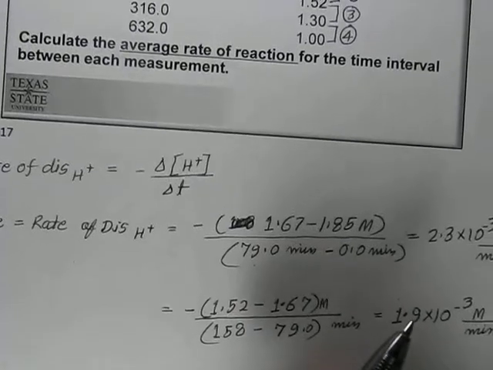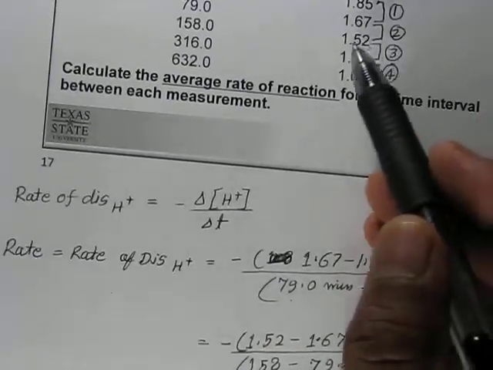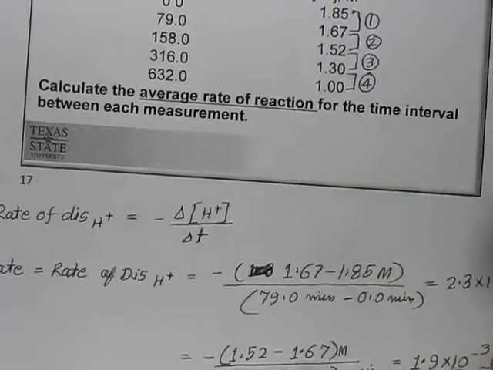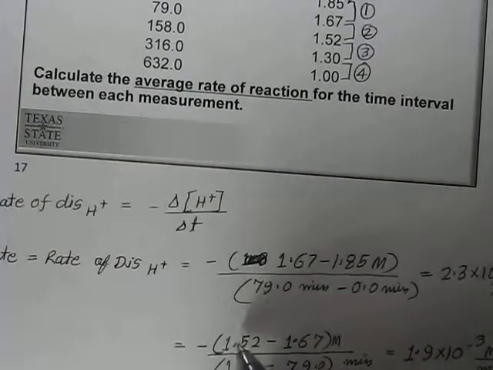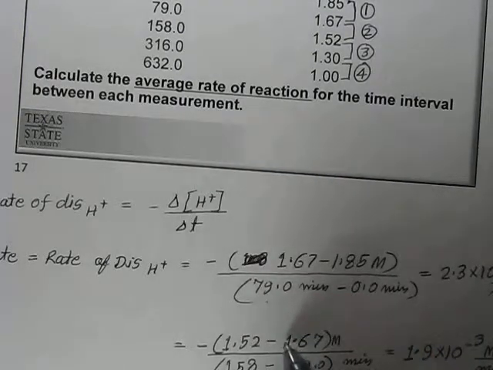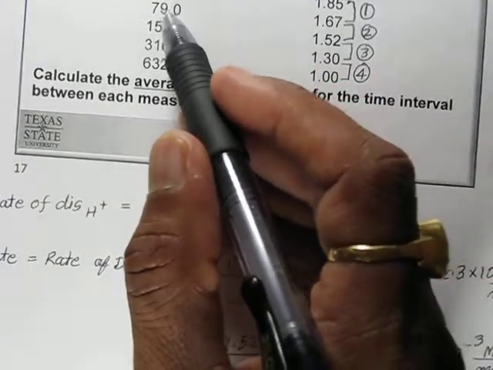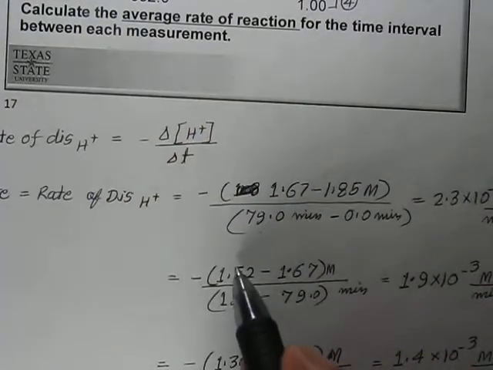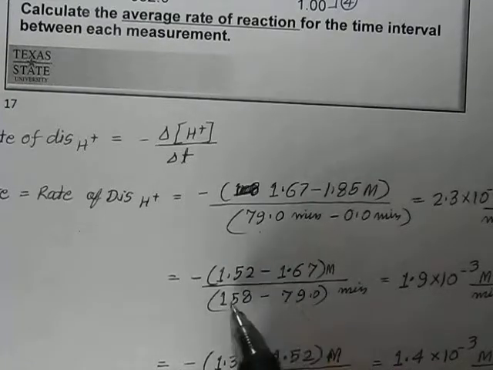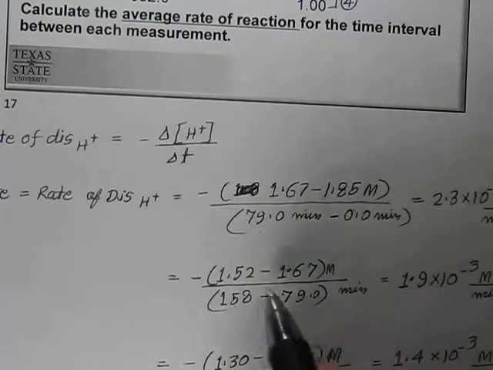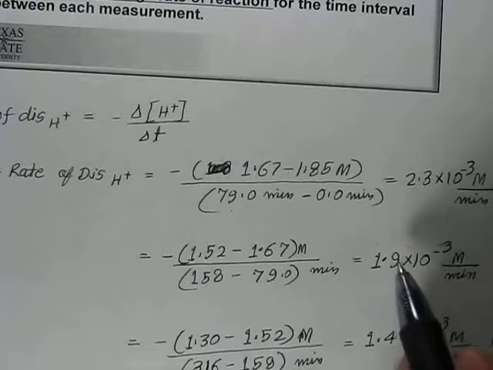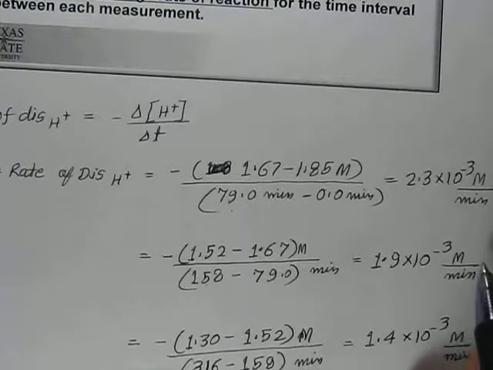For condition number 2, which is 1.67 and 1.52, the final molarity is 1.52 and the initial I will consider 1.67, because we are calculating from 79 minutes to 158 minutes. So final molarity minus initial molarity, divided by final time minus initial time, do the math, and then calculate the rate. So 1.9 times 10 to the minus 3 molar per minute.